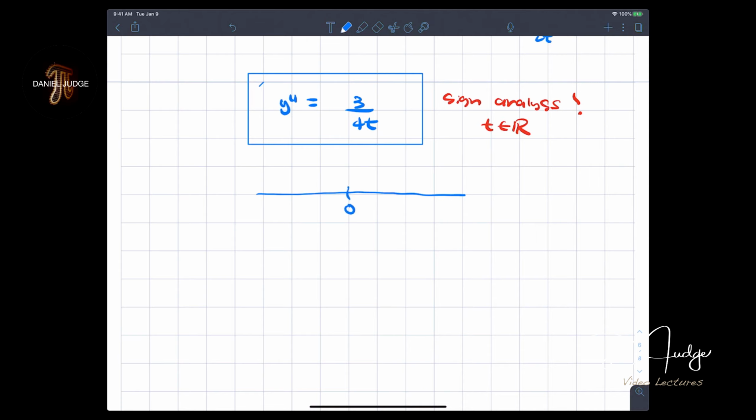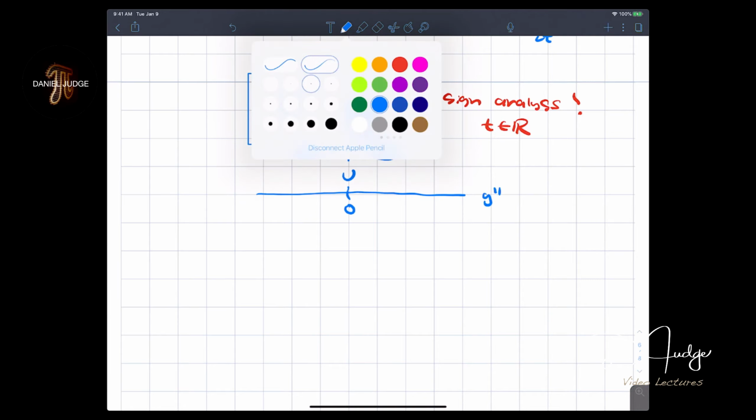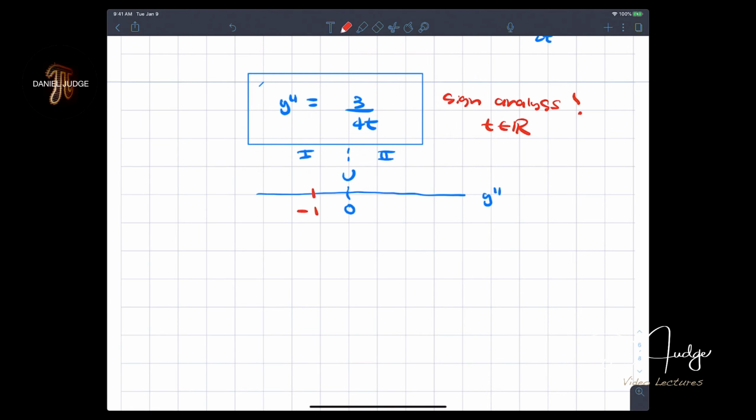So at 0, that second derivative is undefined. And this is in terms of t. This means I have region 1, I have region 2. So let's use a test point. Remember, t could be negative. That's a test point. t could be positive. And let's kind of make it to scale, actually.